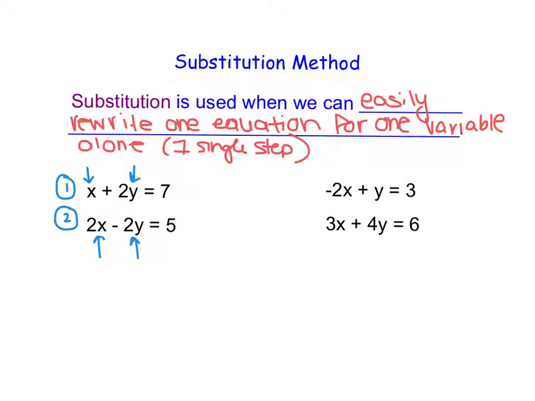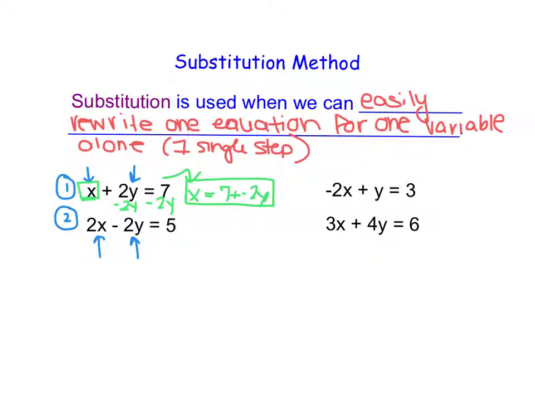I notice that I could easily get this x alone if I just subtract 2y from each side. So I can get x by itself in one step, and this will say x is equal to 7 plus a negative 2y. When I can get one of those equations written in terms of one variable by itself in one step, this is when substitution is a great strategy.